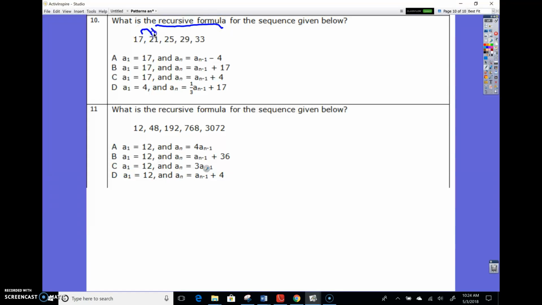All you have to do is see how much the change is. The change is you're adding 4 each time. So you want to know what your A1 is. Your A1 is equal to 17. After that, you always start off with AN is equal to AN minus 1. So how did it change? You're adding 4 each time, so you just put plus 4.